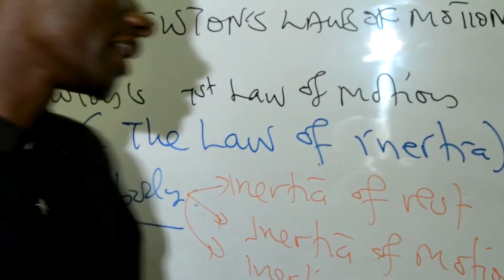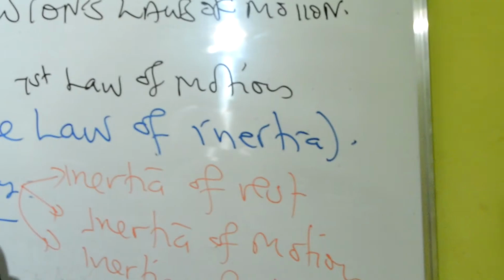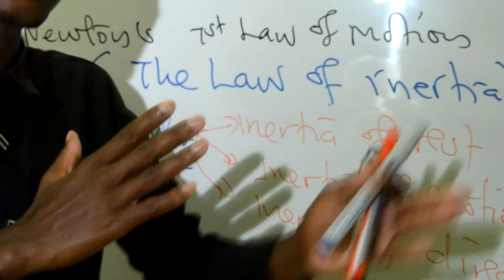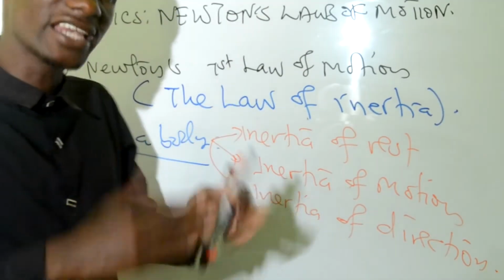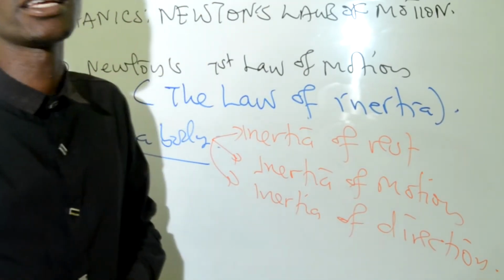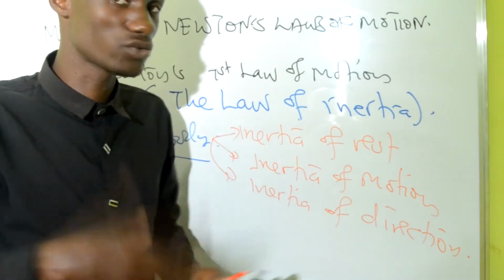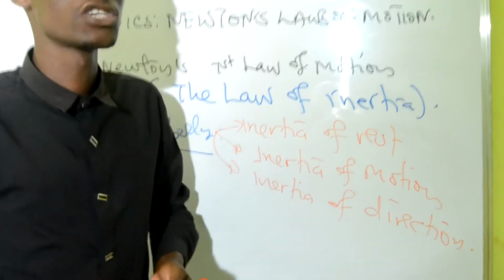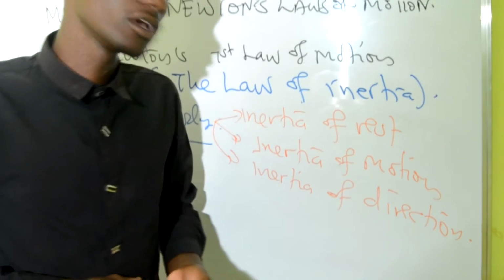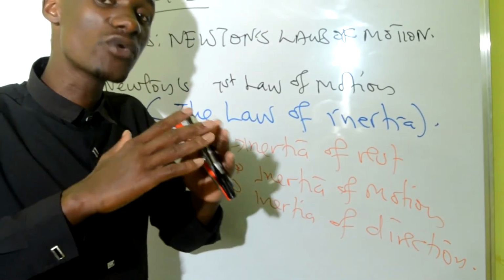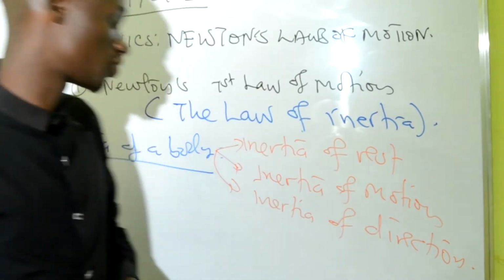And inertia of direction is the ability of the body to proceed moving in a straight line with constant velocity without changing direction. As we know, velocity is a vector quantity, so it has magnitude and direction. So the ability of a body to move in a straight line in the same direction is called inertia of direction.